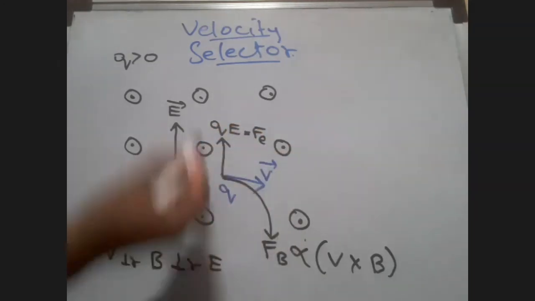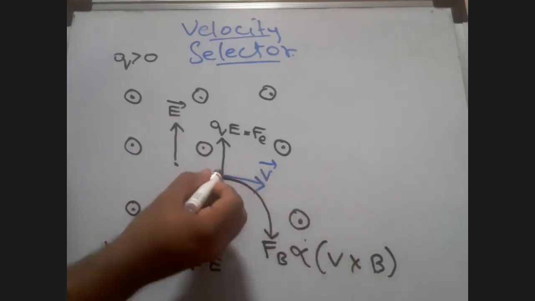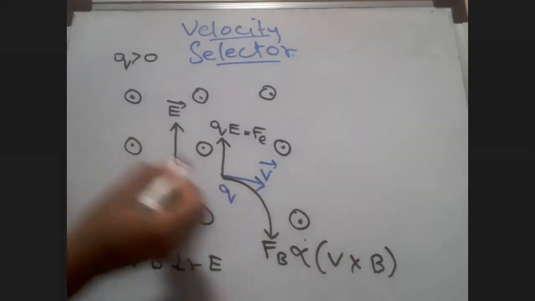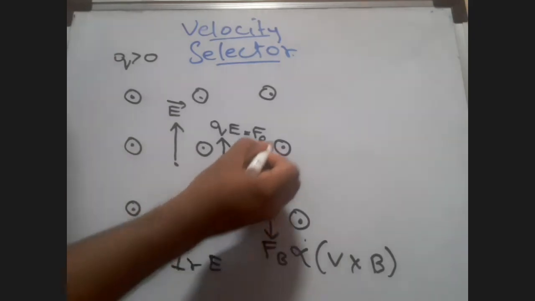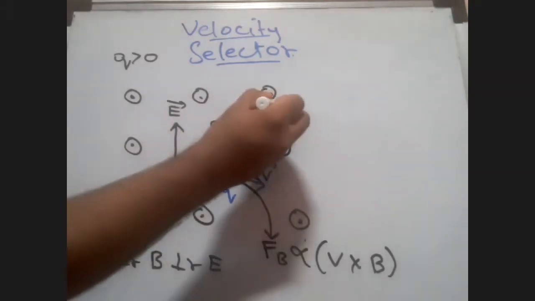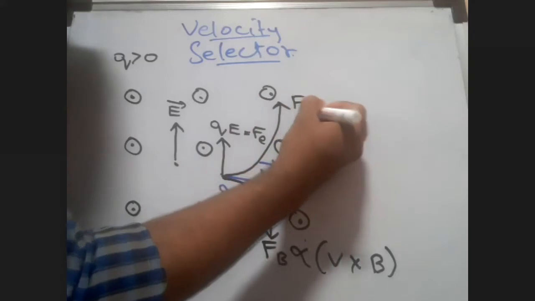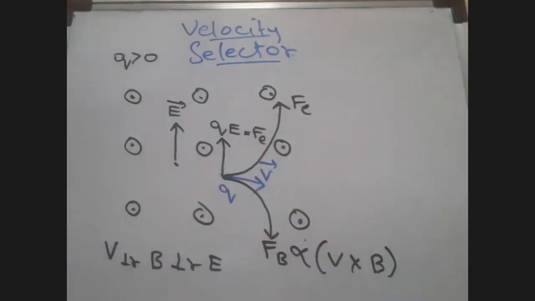And so if my force is upwards and the velocity of the charge is in the x-axis direction, students, then the path due to the electric field will be like this. This is the force due to the electric field on the charge.